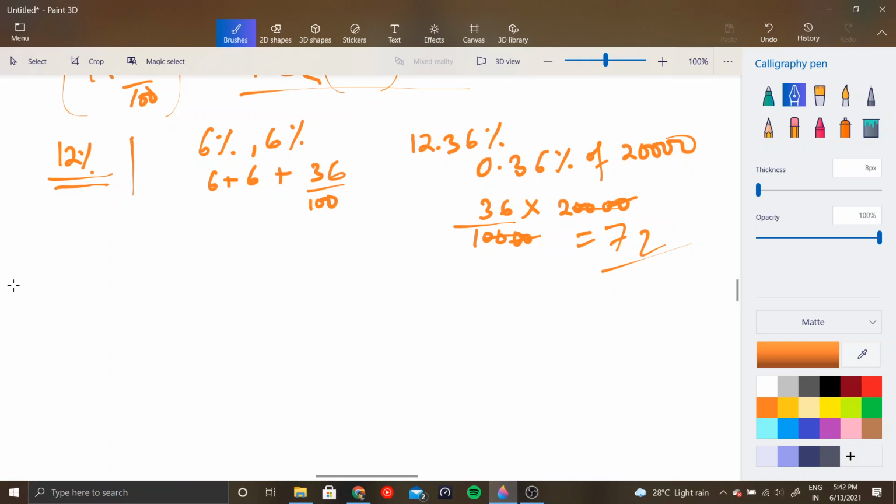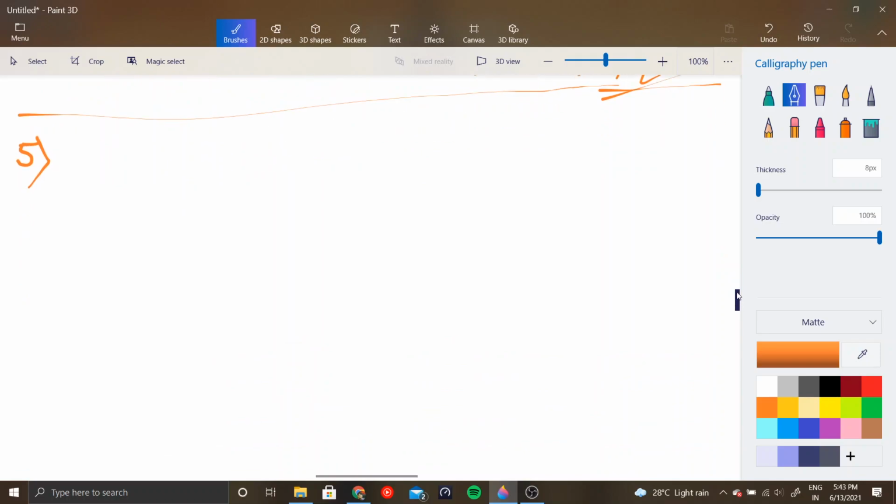These kind of questions are very tricky and students actually fall for this trick. Let's do one more problem, and with this problem we will end this chapter and also today's class. Now see, it is given that SI and CI on a sum, they didn't mention the principal, at 5% per annum rate is equal.